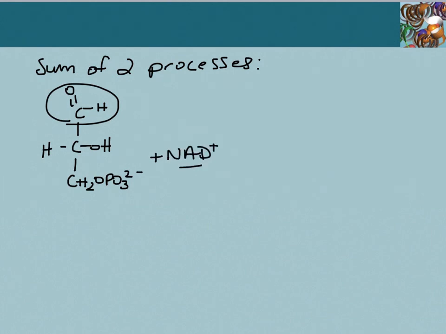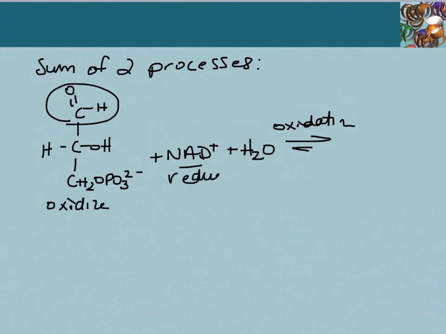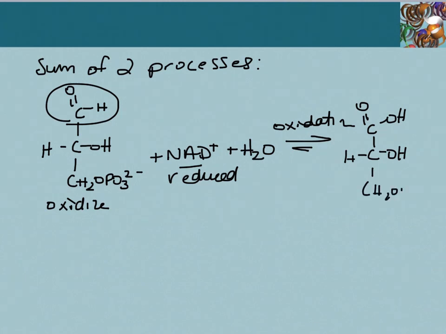And the NAD plus facilitates this oxidation. So the aldehyde gets oxidized, and the NAD+ will get reduced. When we oxidize an aldehyde, we oxidize it to a carboxylic acid. And we're going to get our NADH.